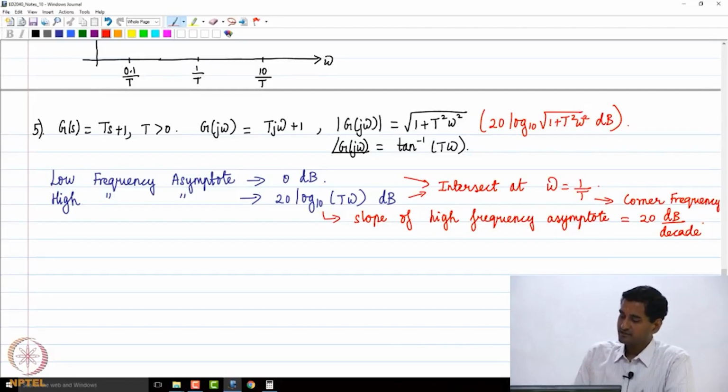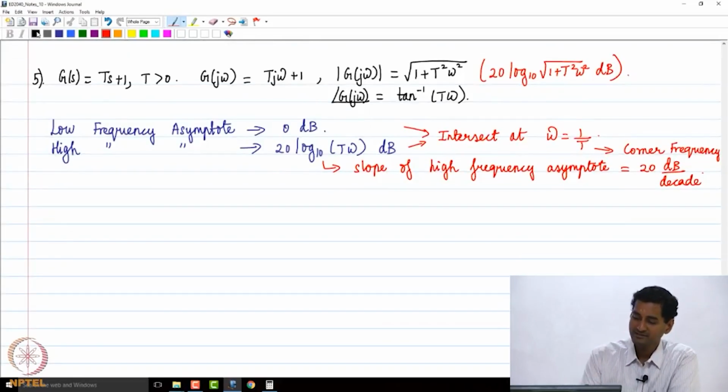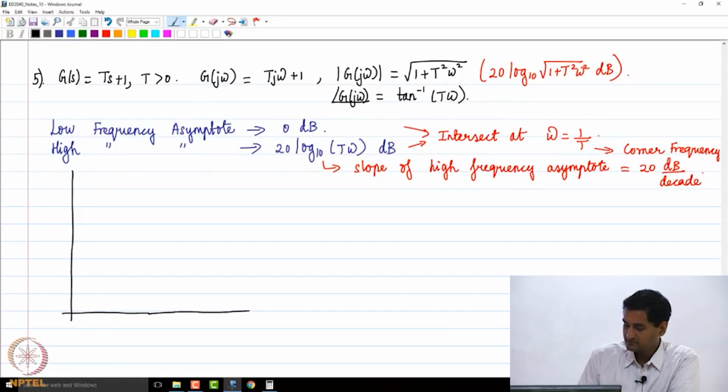Then how would this magnitude plot look in this case? Once again, if I plot the magnitude curve for this in decibels, let us say this is 0, this is 20.